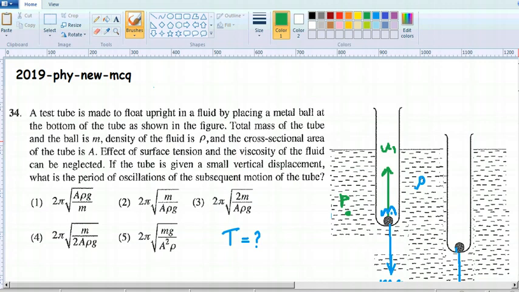Pressure is a scalar, not a vector, because when we use an air pump to inflate a bicycle tire, we don't consider the directions at that moment.